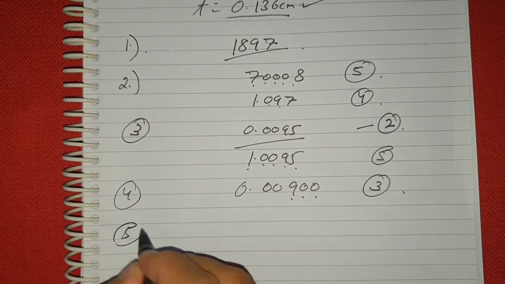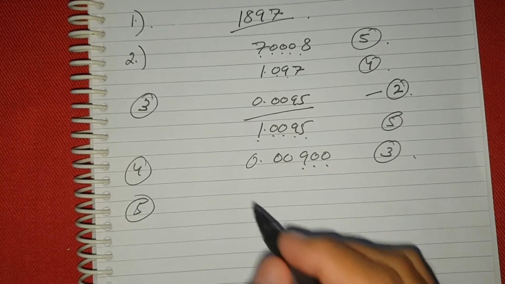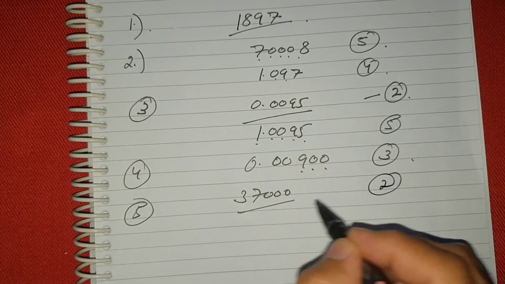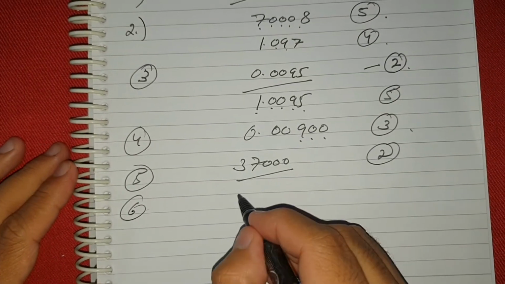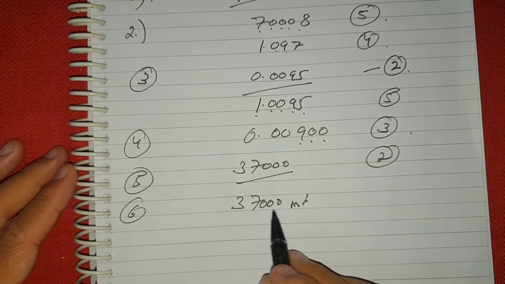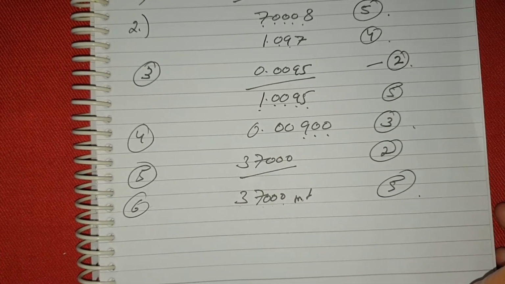Rule number 5: all zeros on the right of a non-zero digit are not significant, like 37000. It has only two significant figures. But rule number 6 states that if this represents a measurement like 37000 meter, then it has 1, 2, 3, 4, 5, five significant figures.